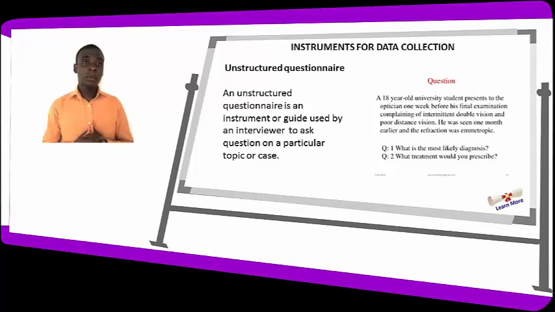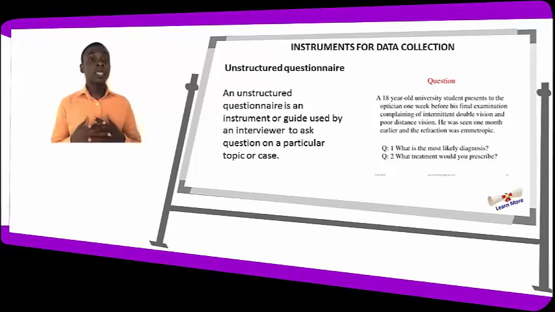So let's look at the conditions for using questionnaire. There are some conditions whereby you can use a questionnaire as an instrument for data collection when you are carrying out your research in psychology.